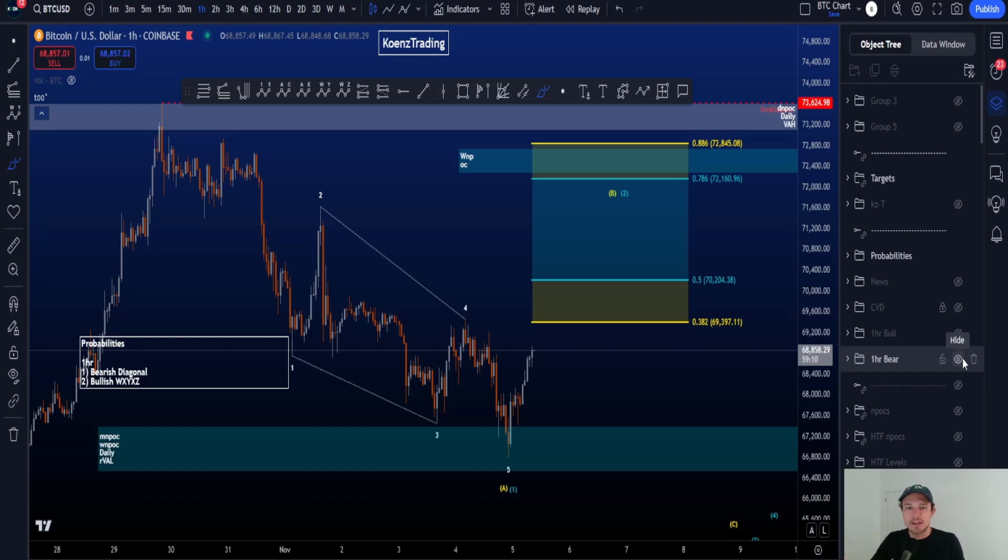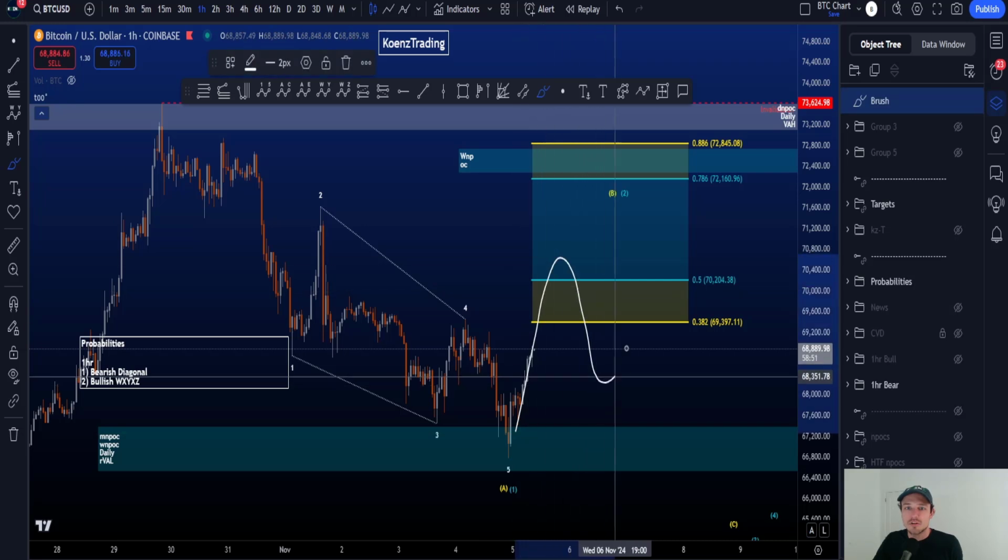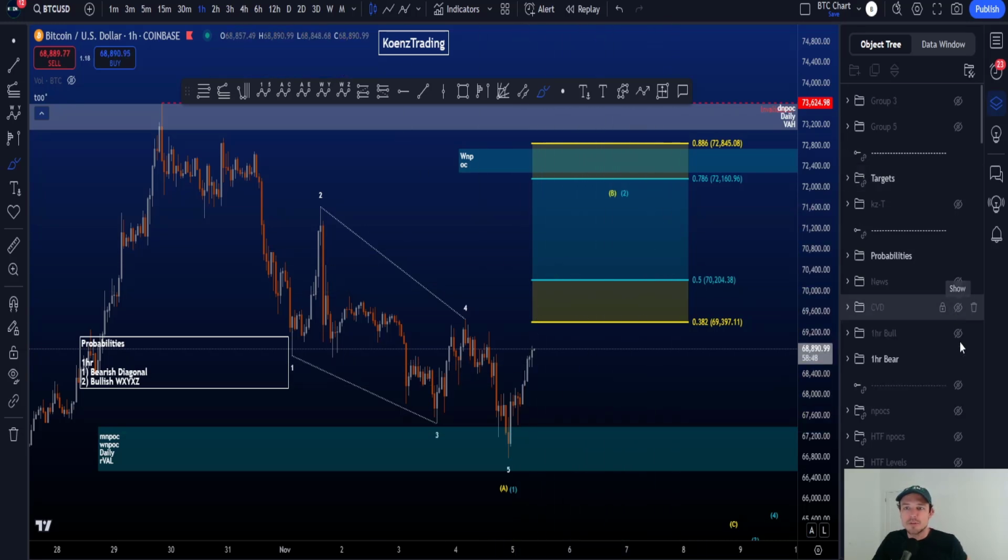Now, in both of the cases, however, we preferably still look for price to move to the upside for a B or 2, at least in these fibs, which hasn't yet happened. We have to be aware that wave B or 2 has to be a 3-wave structure, not a 5-wave impulsive structure and just continue to the upside. So of course, what we are eventually looking for is a nice 3-wave range.